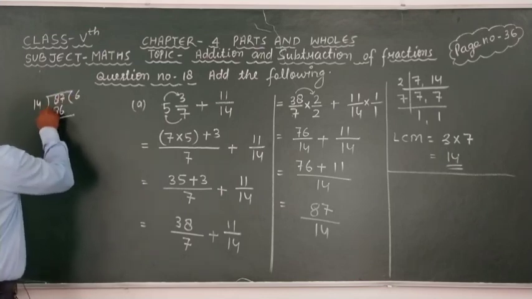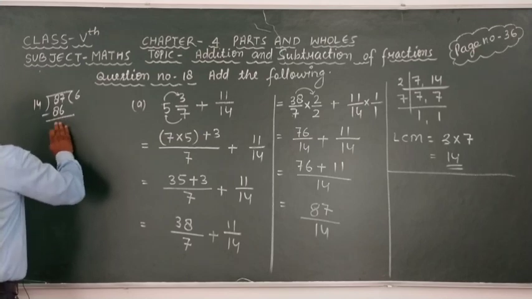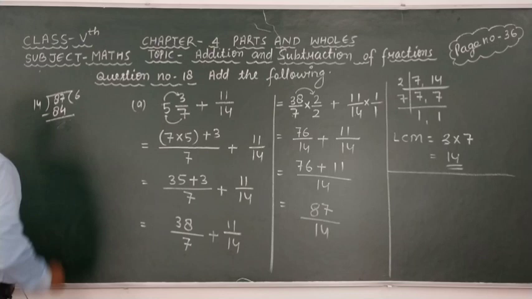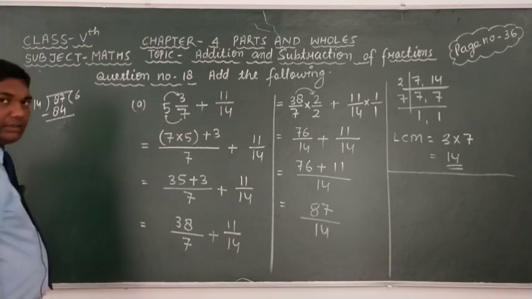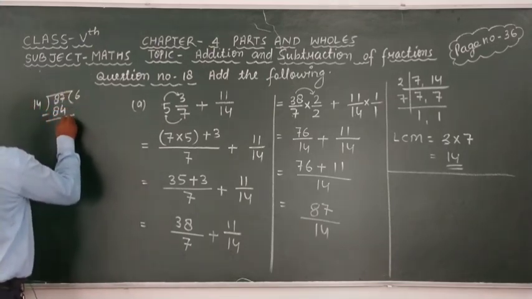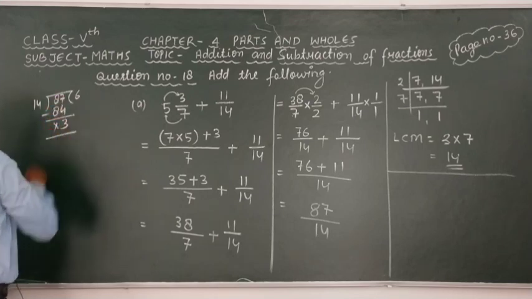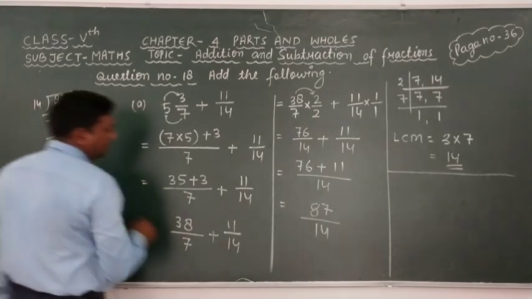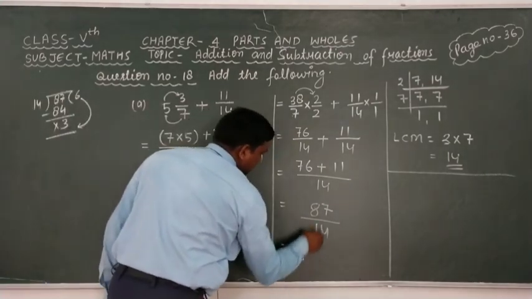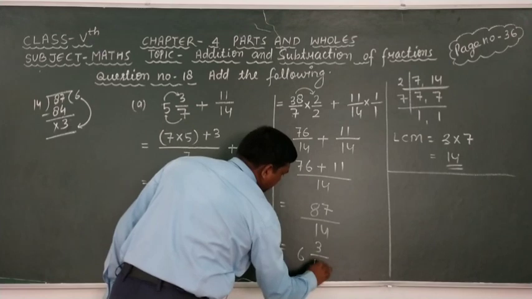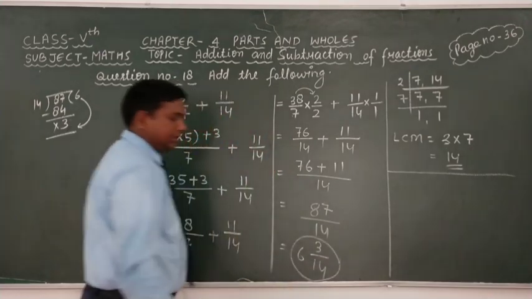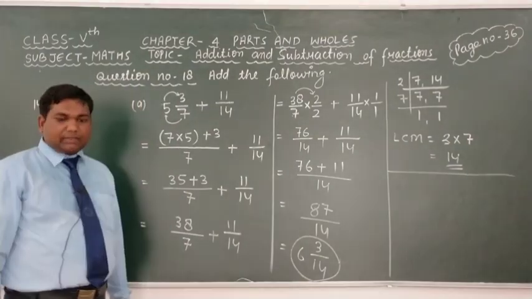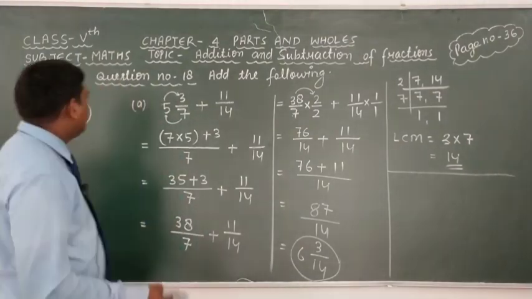After subtracting we get 7 minus 4 is 3, and nothing more to carry. Therefore we write 6 whole 3 over 14. This is your answer. If any student has a doubt in this question, please ask me on my personal WhatsApp number.